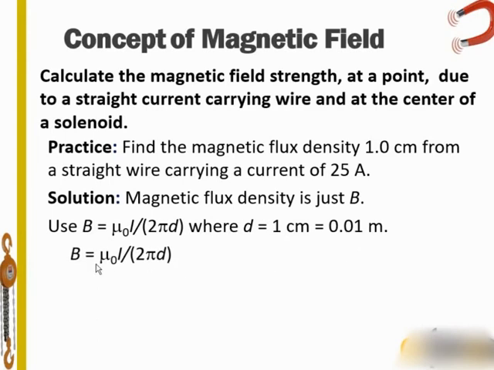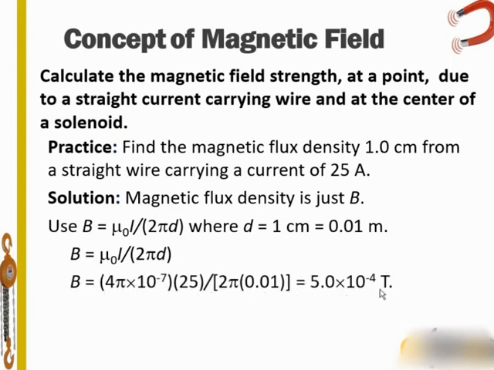So going back to the expression now, what we can do is substitute in what we know. So the permeability of free space, mu, is equal to 4 pi times 10 to the minus 7 multiplied by the current, and the current in this case we're told is 25 amps, all divided by 2 pi times 0.01, and if we do the calculations, what we get is the value for the magnetic flux density is equal to 5.0 times 10 to the minus 4 Tesla.